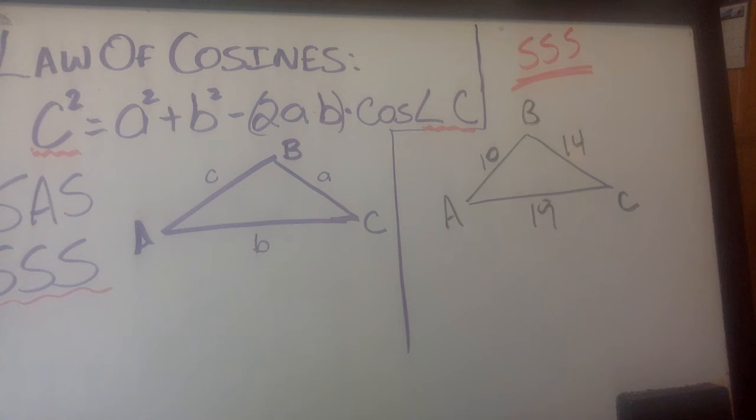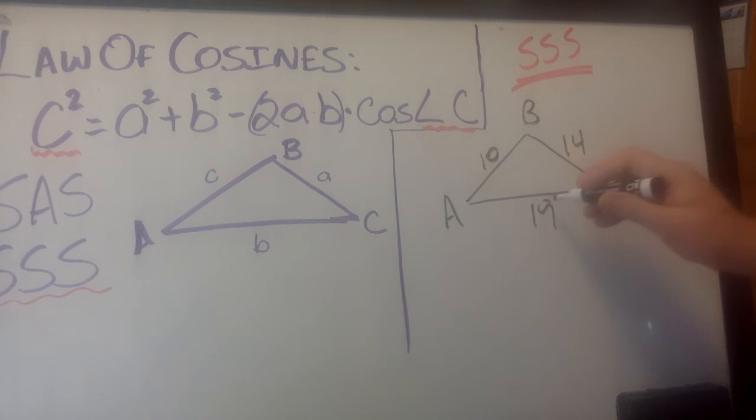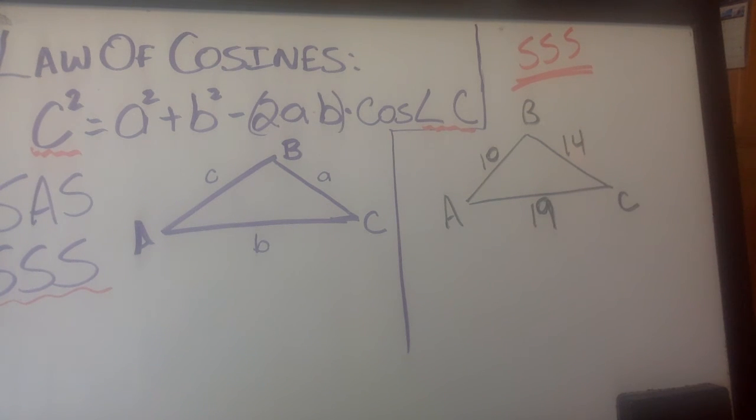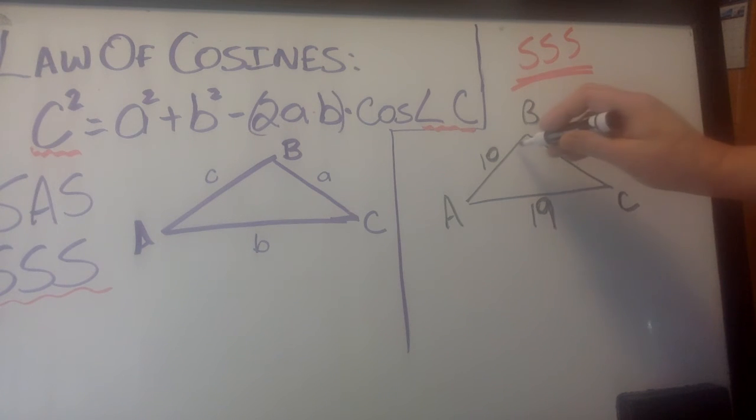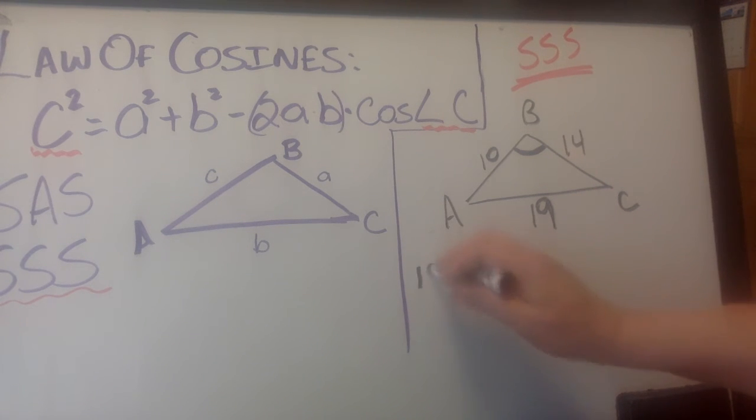You have a choice of finding angle A, angle B, or angle C. If you're doing side, side, side, this time I would like you to find the largest angle first using law of cosines. Largest angle first.